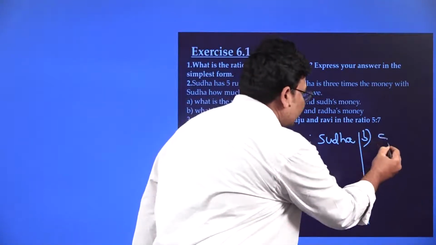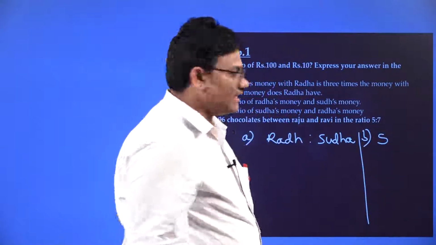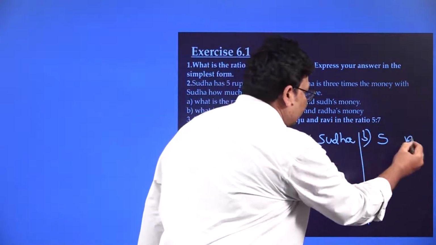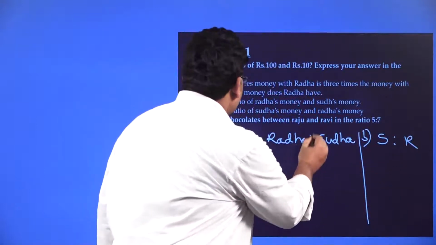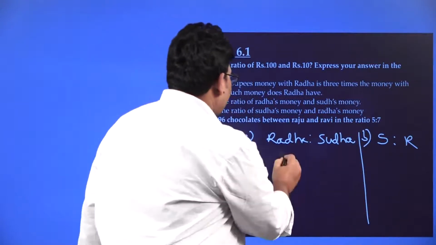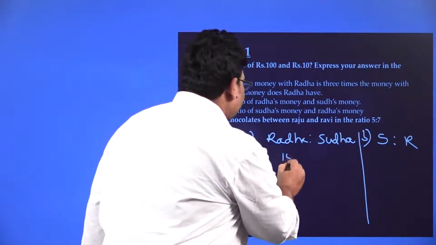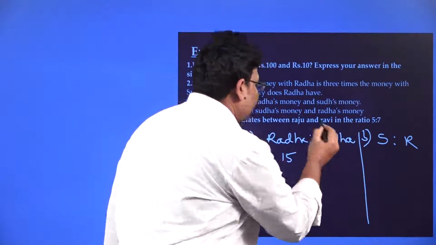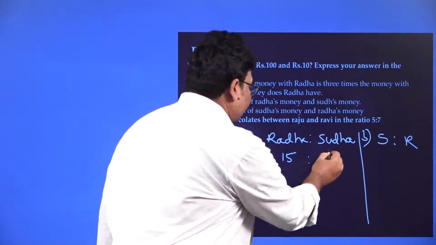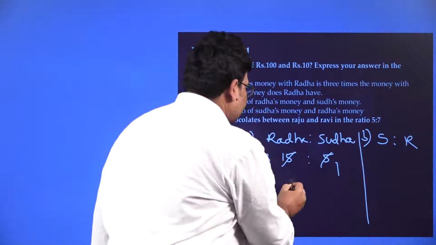Let us consider Sudha with the letter S and Radha with the letter R. Here Radha has 15 rupees, Sudha has 5 rupees. So 5 ones, 5 threes.